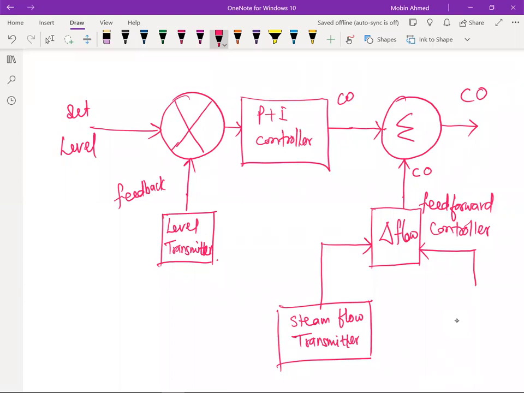And there is going to be the feed water flow transmitter.